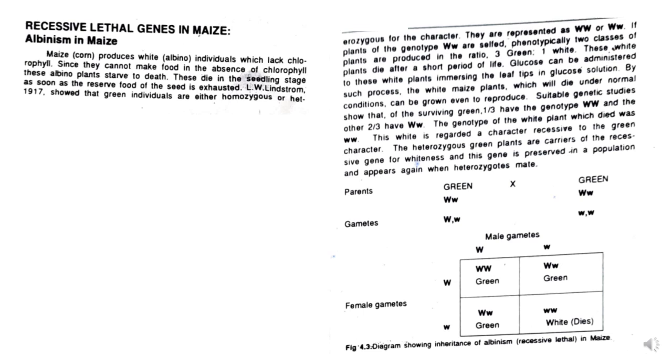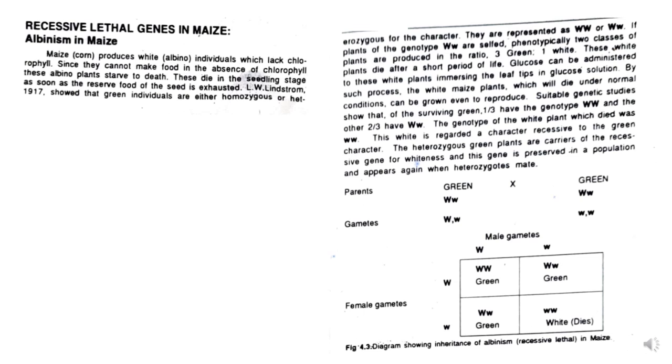These die in the seedling stage as soon as the reserve food of the seed is exhausted, and L.W. Lindstrom in 1917 showed that green individuals are either homozygous or heterozygous for the character. Now, suppose they are represented by homozygous dominant or heterozygous, where capital W and capital W here represents green, and small w represents white.